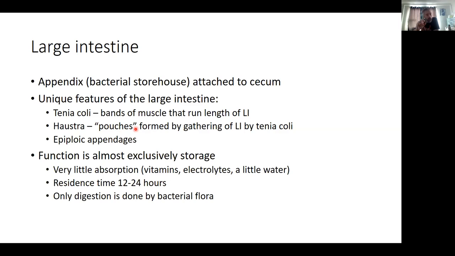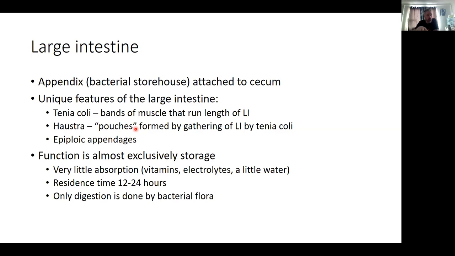We get a little bit of vitamin out of here, but the vitamins that we pull out of here are ones that are digested by that bacterial flora. Vitamin K, vitamin B, some vitamin B complexes, but that's about it. Maybe a little salt, maybe a little water, but it really doesn't do anything significant. It really honestly doesn't.